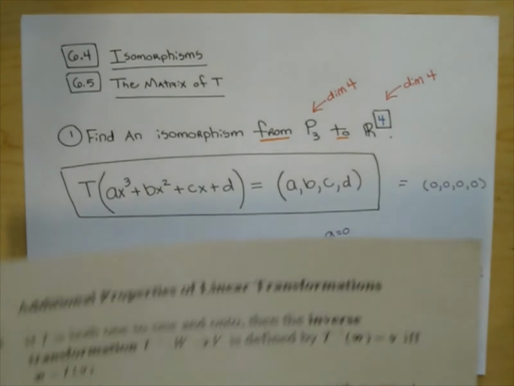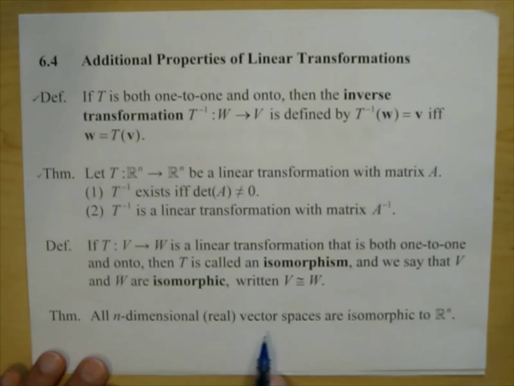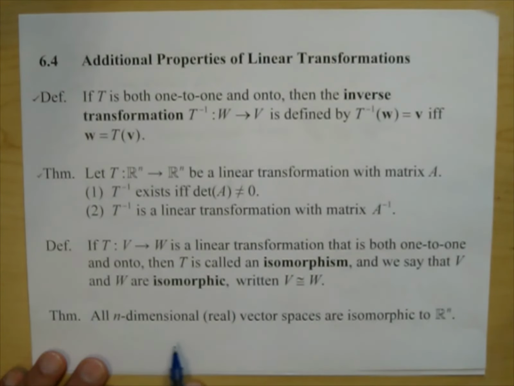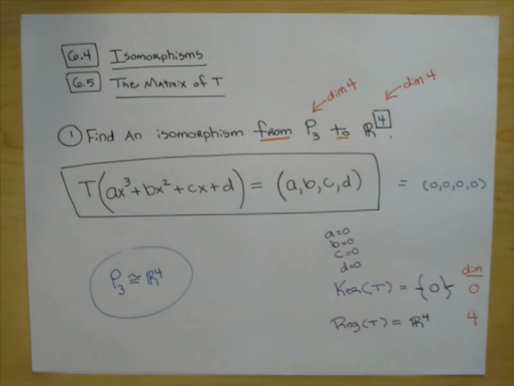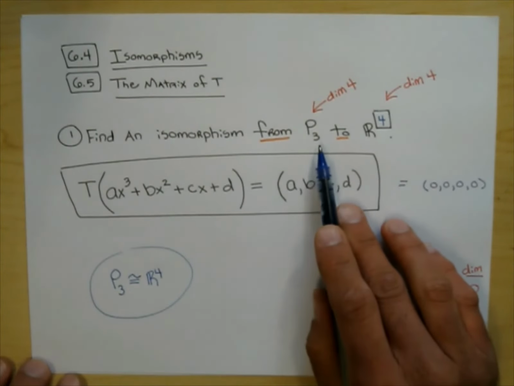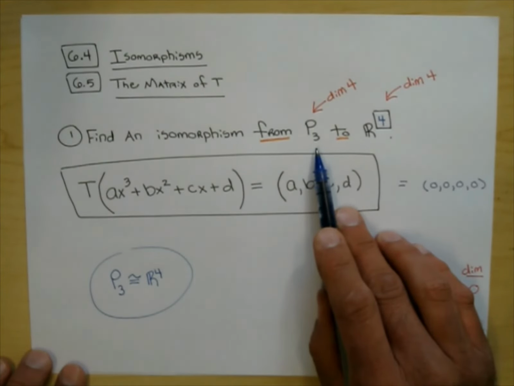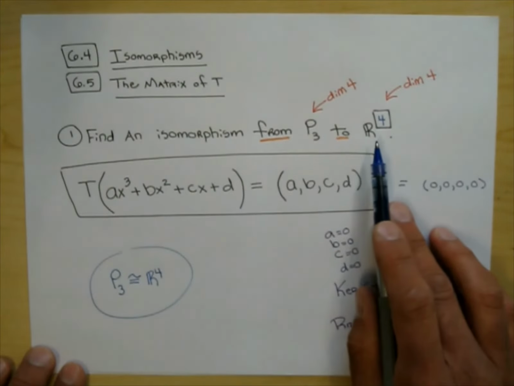Let's take a look at another theorem here. It says that all n-dimensional real vector spaces are isomorphic to Rn. This is a very important theorem, because if I have any weird vector space that has like dimension 7 or dimension 4, I can set up an isomorphism to Rn.